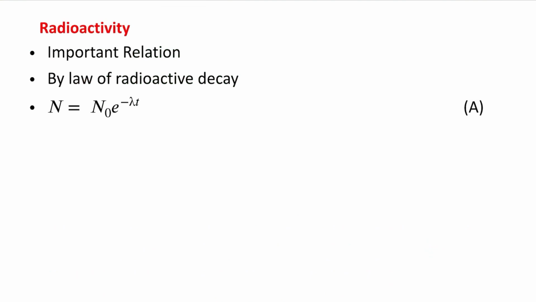So now we look into an important relation in radioactivity. By the law of radioactivity, we have seen that the total number of nuclei that remain present at any instant of time t, suppose it is denoted by capital N, then capital N is equal to N0 e raised to the power minus lambda into t, where N0 is the initial number of nuclei, N is the total number of undecayed nuclei at the time t, and lambda is the decay constant.